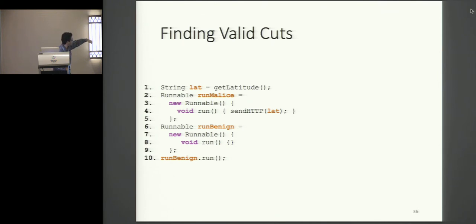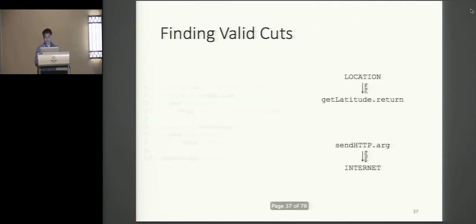But if our analysis can't figure out which runnable is being targeted, it'll assume that both of them are executed, in which case it'll conclude that this app might have a source sink flow. The string latitude is tainted by location data, and then the first runnable, run malice, is going to send the location data to the internet if it's executed.